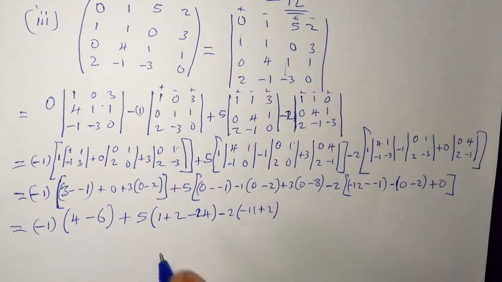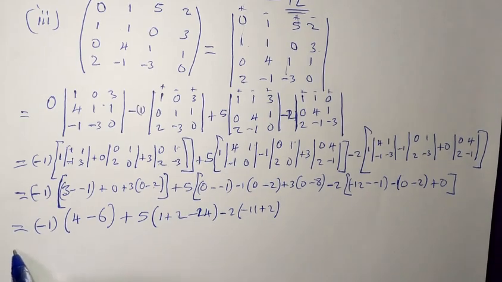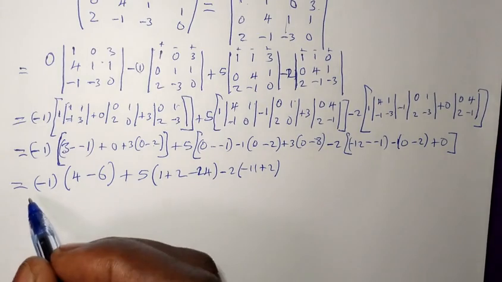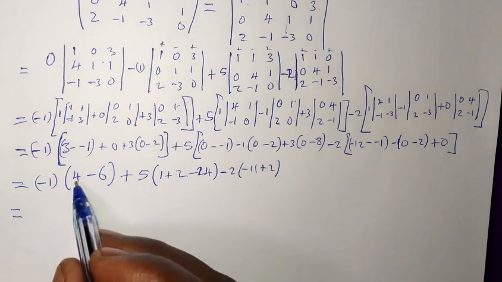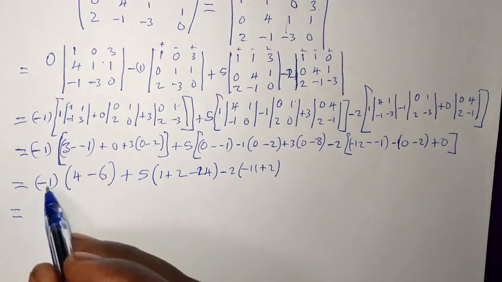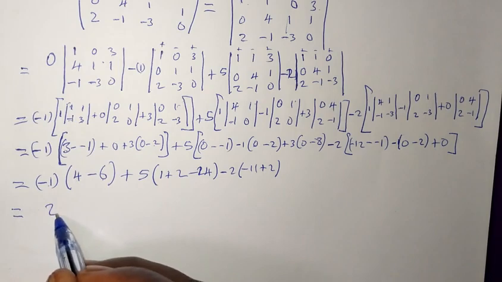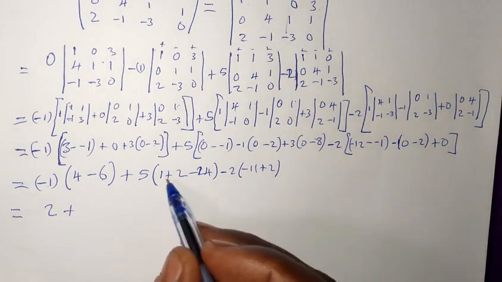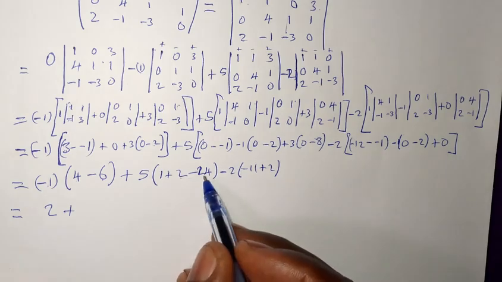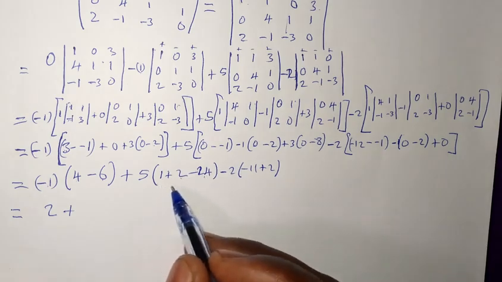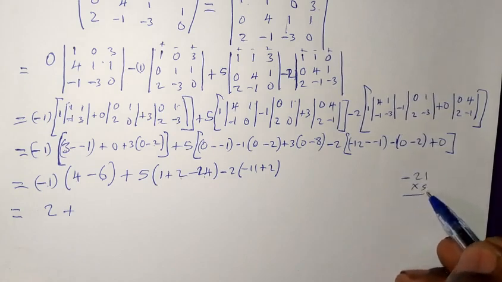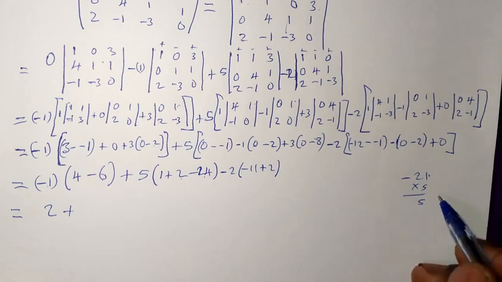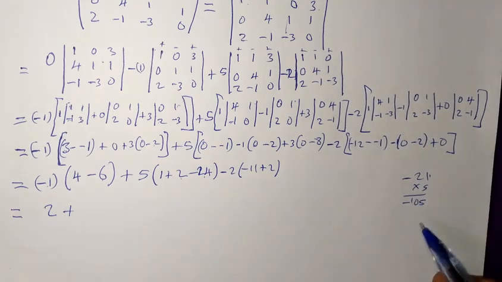All right, so I've gotten this is equal to this minus this is minus 2. Minus 2 times this will give us 2, plus this is 3, minus this minus 21, minus 21 times 5. 5 times this is 5, 5 times this is 10, so this is minus 105.